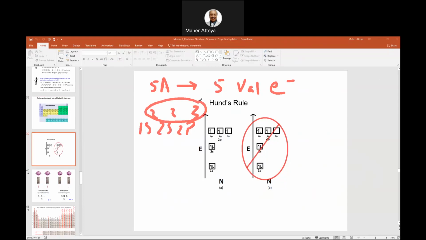So when you enter the electrons, first you fill the 1s. According to Pauling, the maximum is 2 with opposite spin: one is up, one is down. Then you fill the 2s, one opposite to the other in spin. Then when it comes to the 2p, you have to watch.